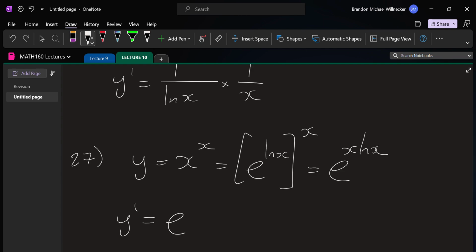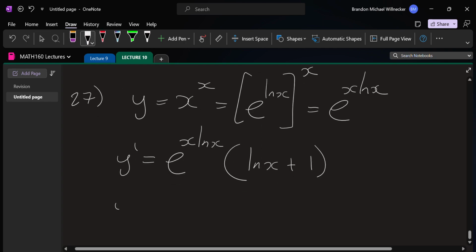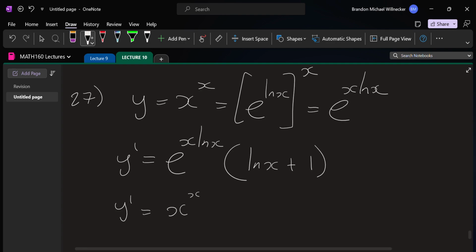But now we can write this as e to the x natural log of x. And we can differentiate that. That's quite easy to do. So y prime, that's going to be e to the x natural log of x. That stays because of the exponential property. Now we need to differentiate the inside part. So the derivative of x, that's just 1.